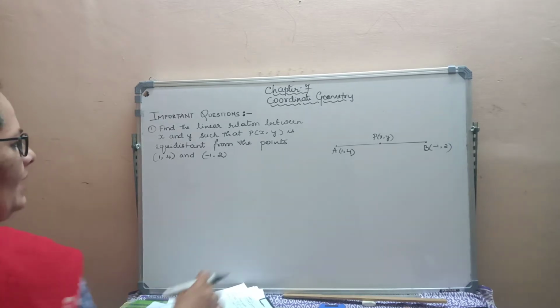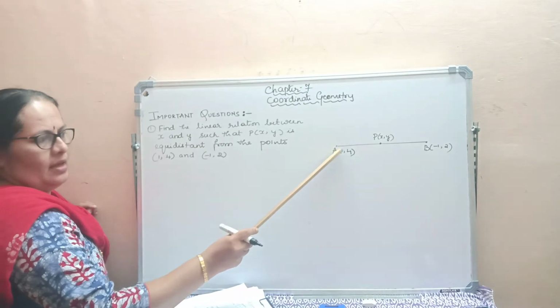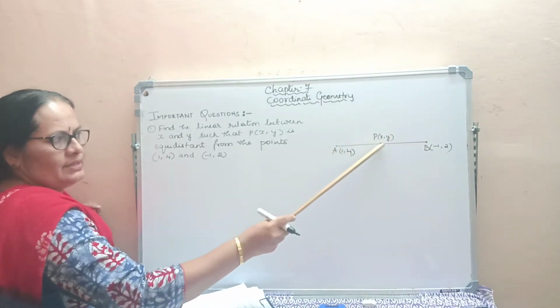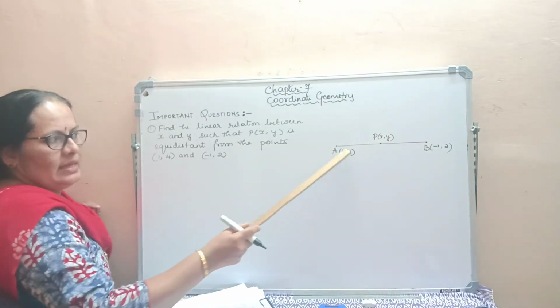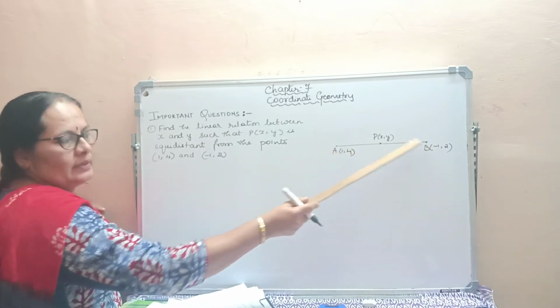Points A and B are equidistant from point P. It means the distance AP is equal to distance PB.